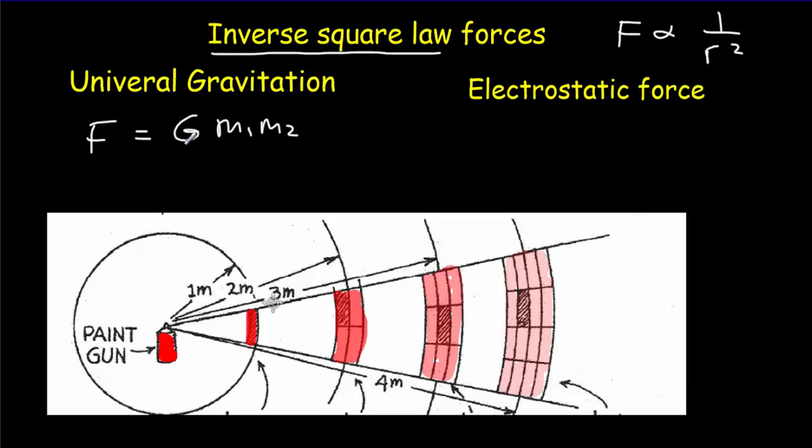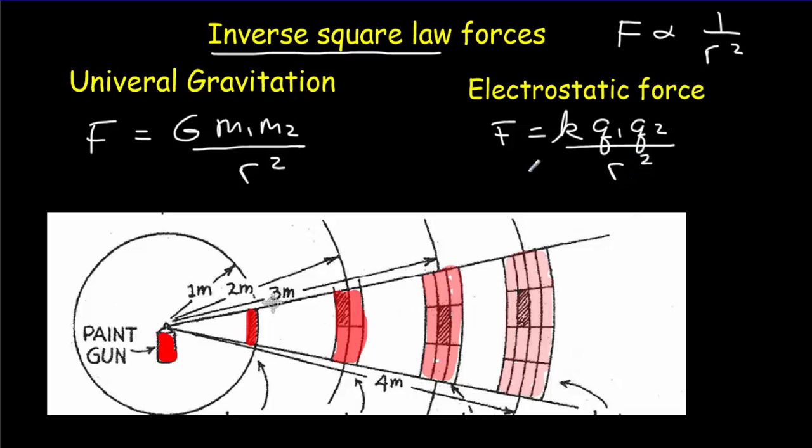Any two masses in the universe will attract each other, divided by that separation distance squared. And as we just denoted with Coulomb's law, it's equal to a constant times the product of the charges divided by the separation distance all squared. So here you can see that we have exactly the same form for gravity as we do for electricity.